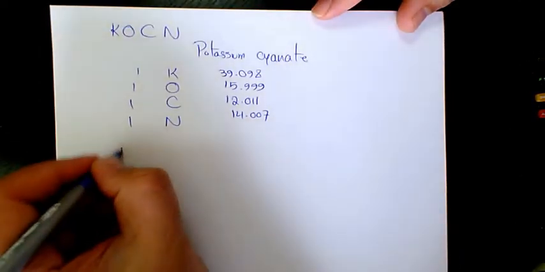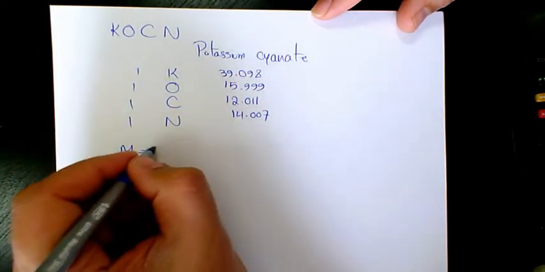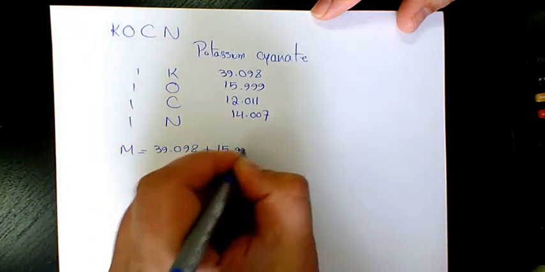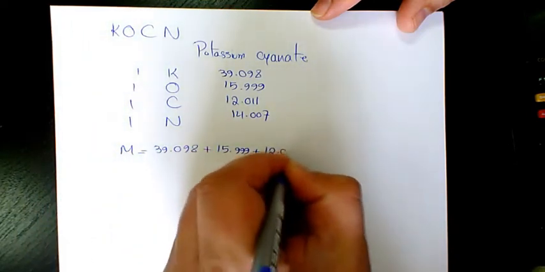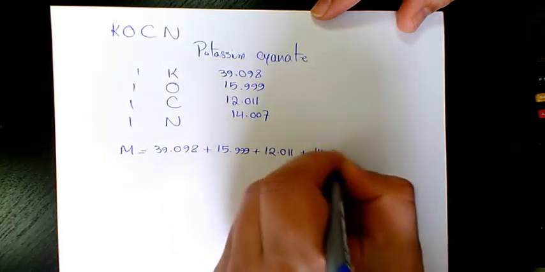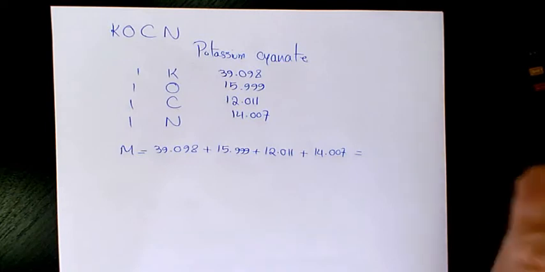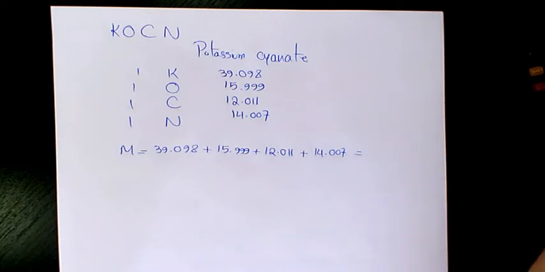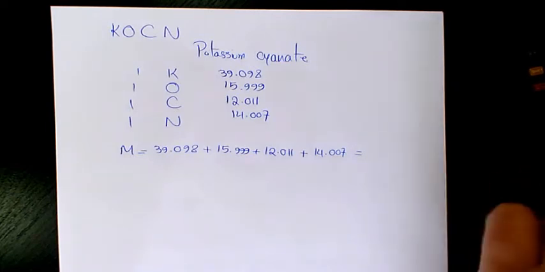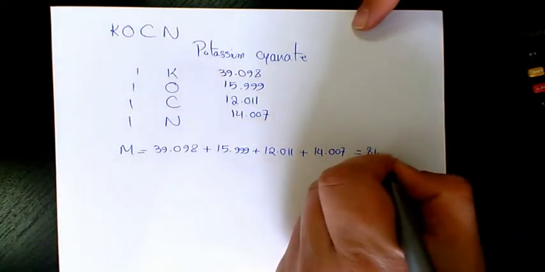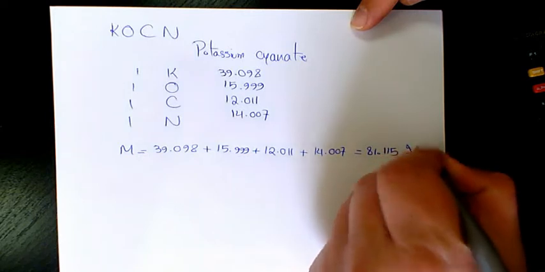So the molar mass is going to be the summation of all these numbers. It's going to be 81.115 grams per mole.